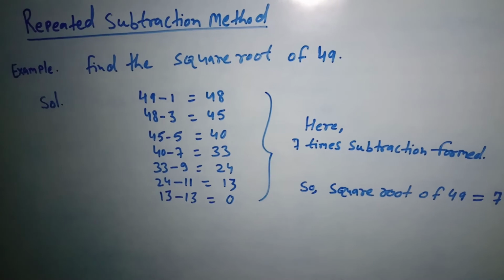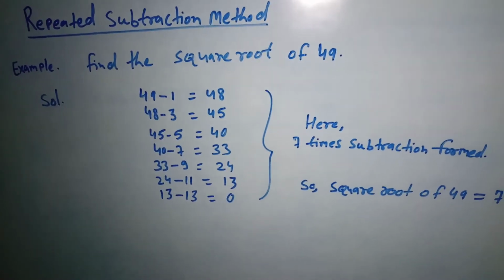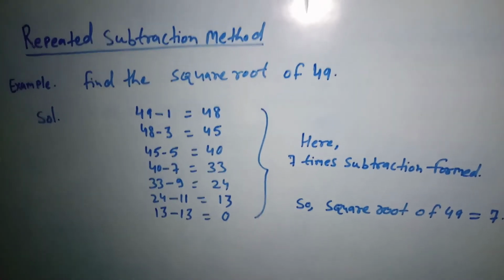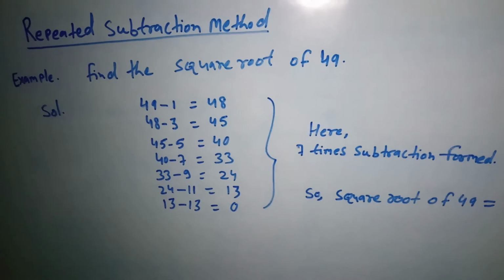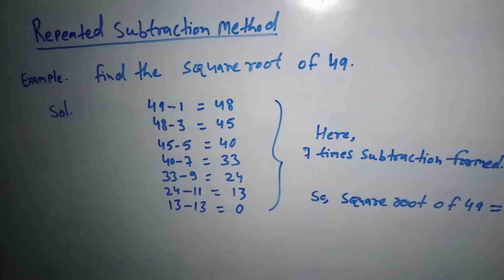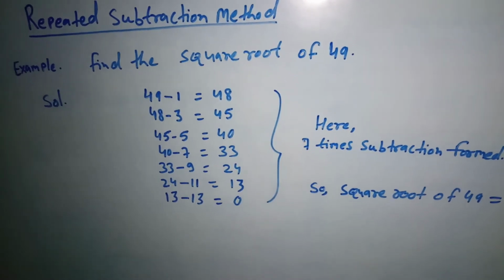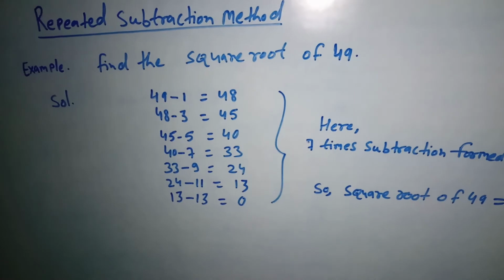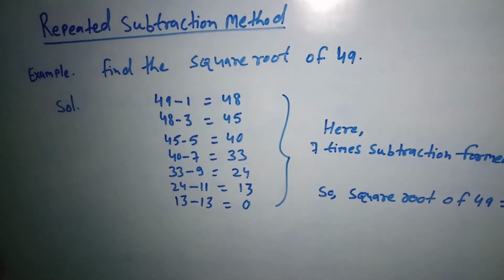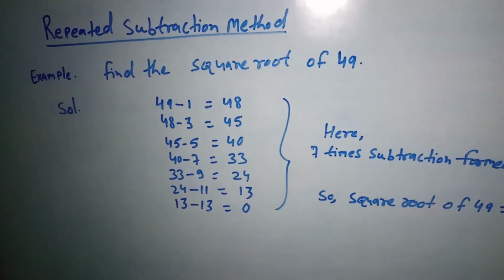Let us see the example. Find the square root of 49. In this method we just repeat the subtraction by the odd numbers. See the solution. Firstly, we subtract 1: 49 minus 1 is 48. Next odd number is 3: 48 minus 3 is 45.